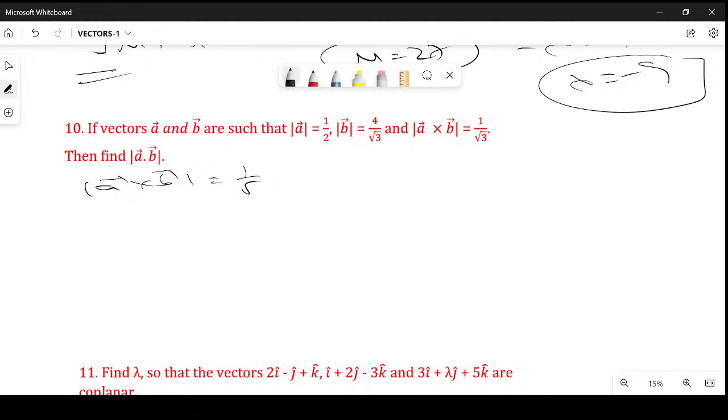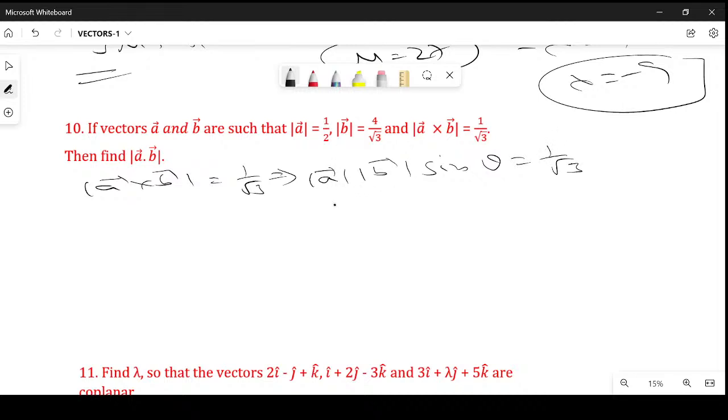Now squaring on both sides. Or I can expand this: mod a bar, mod b bar, sin theta equal to 1 by root 3.